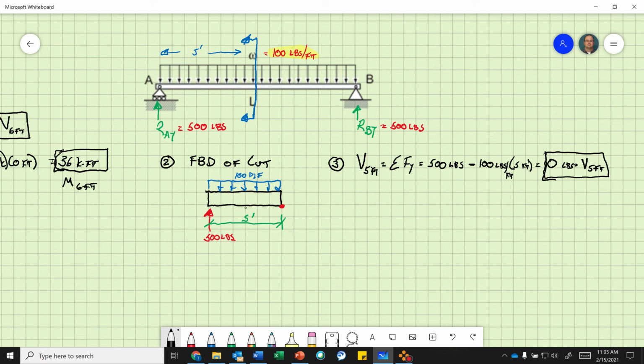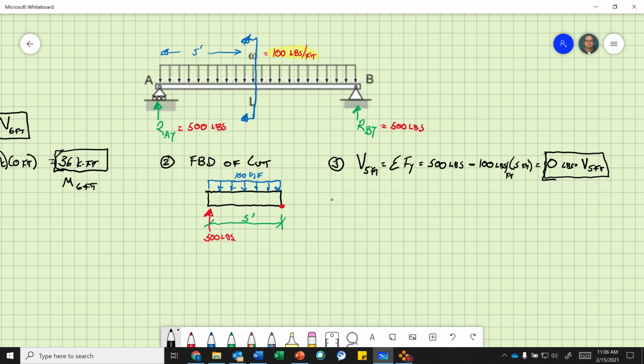My shear at 2 feet is 500 pounds minus 2 times 100, so it's 300 pounds. So the shear is going down, and then it turns negative as I go past that midpoint. At 7 feet, I have 500 pounds minus 100 times 7, that's 700, so I have a negative 200 pounds of shear force. So it's switching the direction the way it shears inside, internally.